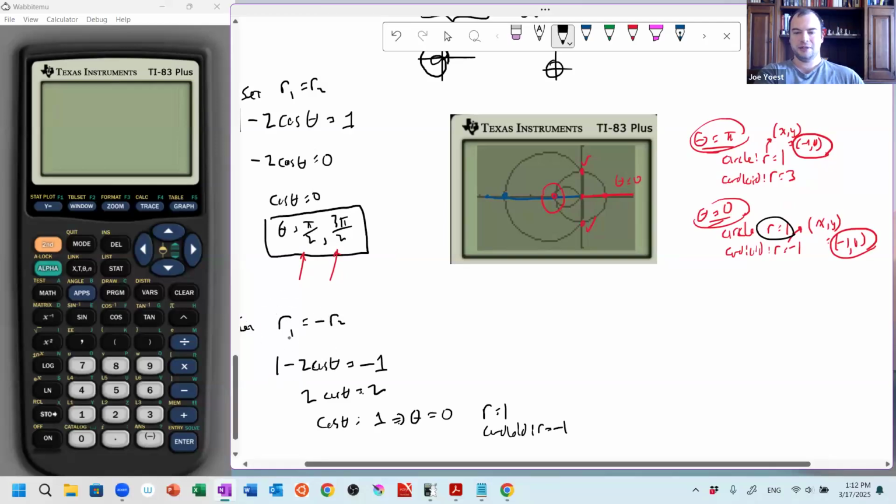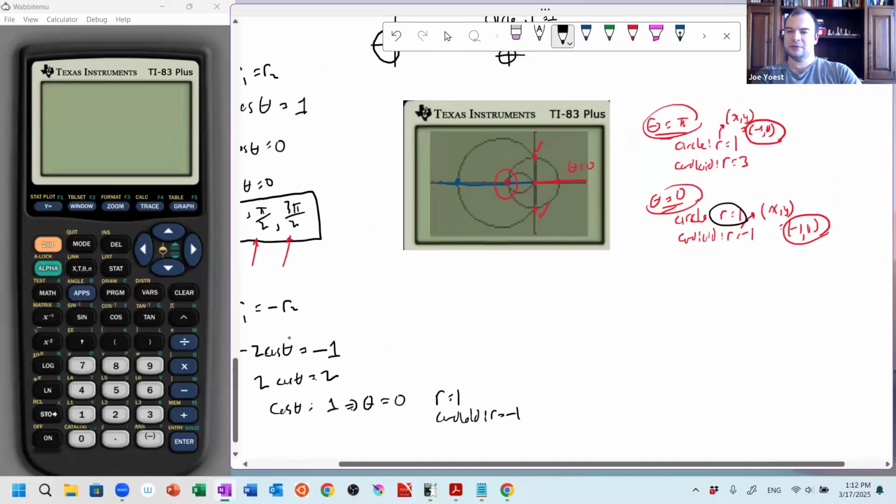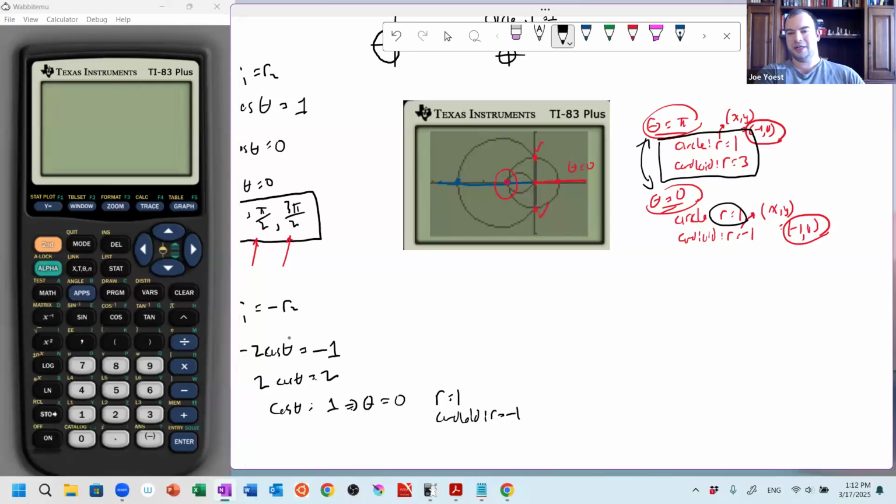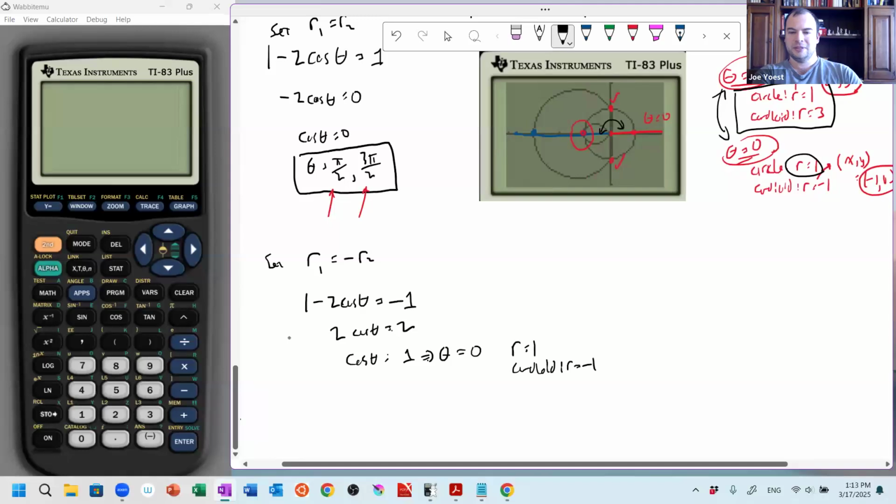And then I have to check, so I also have a solution. When I check my theta equals 0 against theta equals pi, 180 degrees, opposite of one another, I have my third solution.